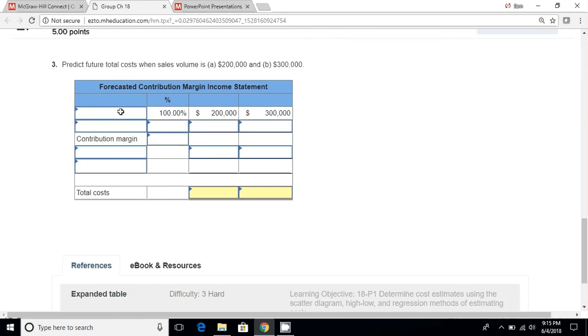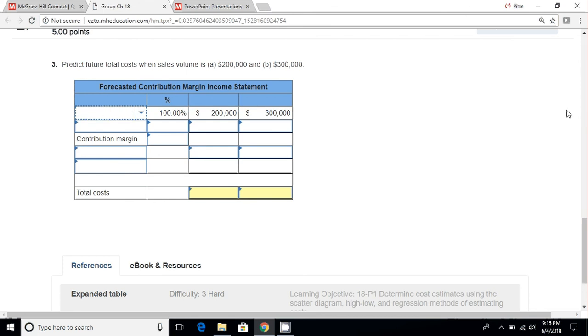So what they're asking us for here is the formula for contribution margin. Probably your first test right now. What is it? Remember, in the lecture, I said that this is something you need to know. You absolutely need to know how to calculate contribution margin and how to calculate net income on a contribution margin basis.